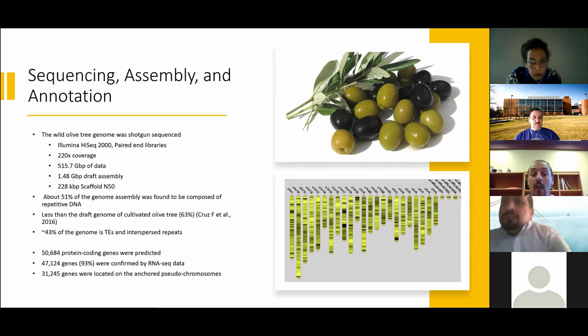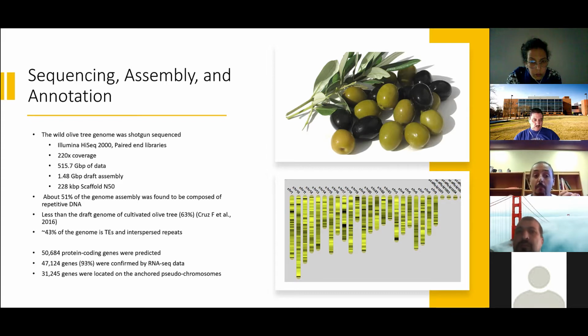On a 220x coverage. A 220x coverage means that every base was read 220 times. The higher the coverage is, the easier it is for you to assemble the genome and you know that your data is adequate. So the sequencing resulted in 515 gigabytes of raw data.